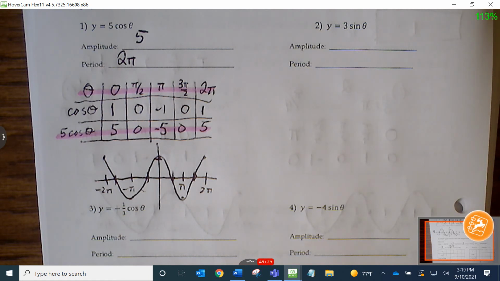And I'd like for you guys to practice graphing on the negative side as well as the positive side.